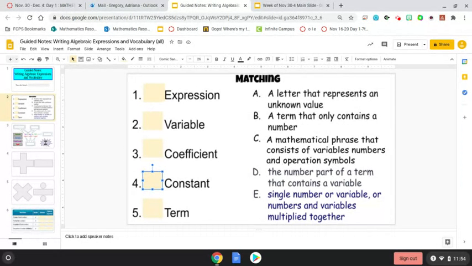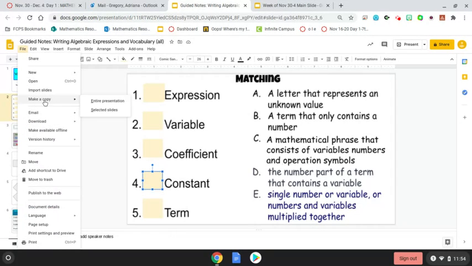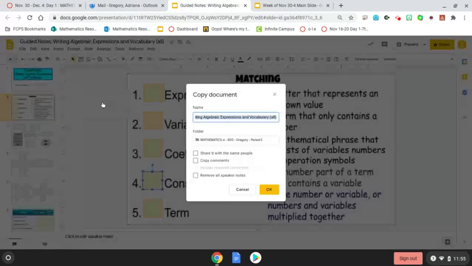So what we're going to do is we're going to label all of our parts. And we are going to see if we can identify the different parts of an expression.